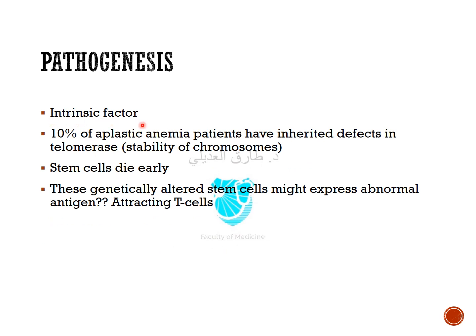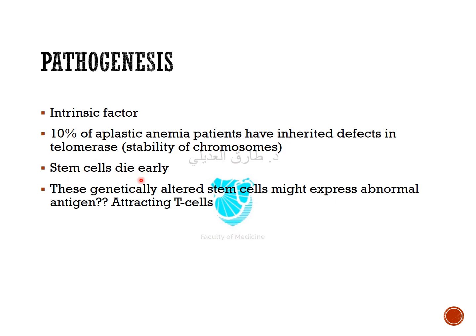Another theory is an intrinsic factor. It is known that 10% of aplastic anemia patients have inherited defects in the telomerase enzymes that give stability to the chromosomes. So when they are defective, the chromosomes become unstable, they develop more mutations and die early.